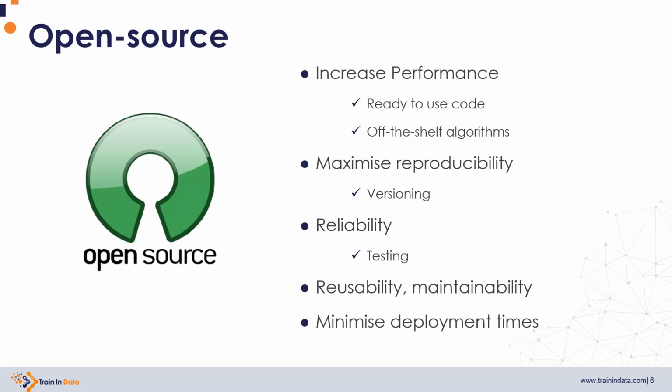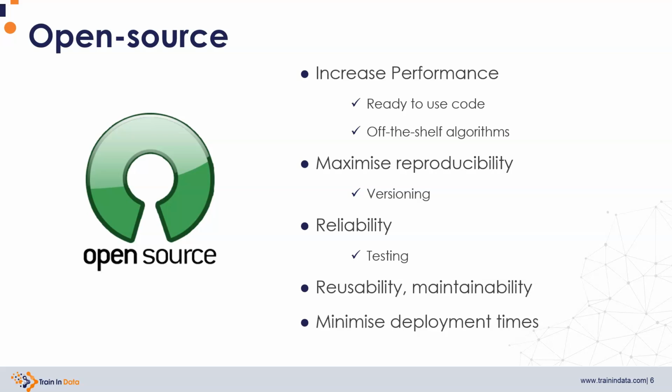We mentioned that open source increases the performance of the data science team and also the developing team, because open source offers code that is ready to use and very often off-the-shelf algorithms that can take the data in and produce the predictions after training. They maximize reproducibility because typically open source is versioned and we know exactly what is contained in each version, and we can actually install different versions depending on needs.